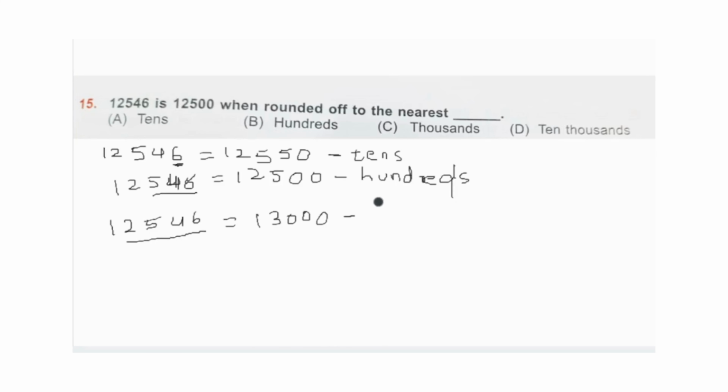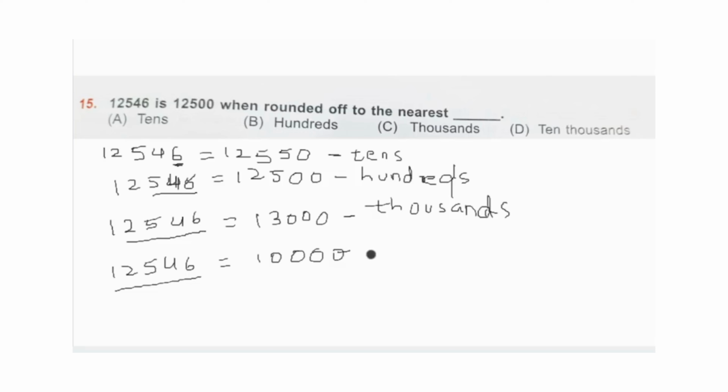This is our thousands. And for the last time, let's write down the number and round it off to the nearest 10,000. Since this number is less than 15,000, the value is going to be 10,000.